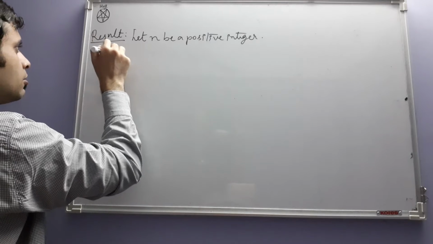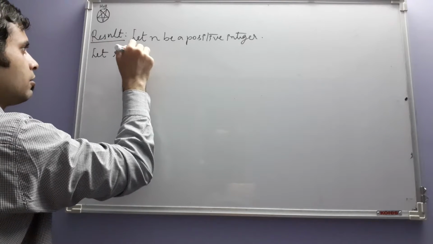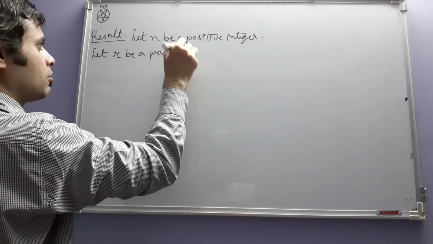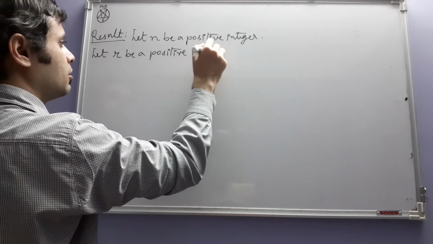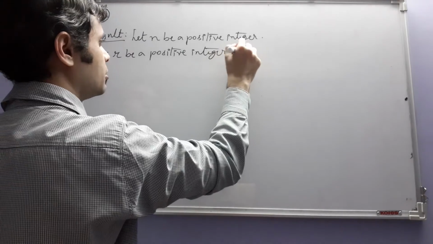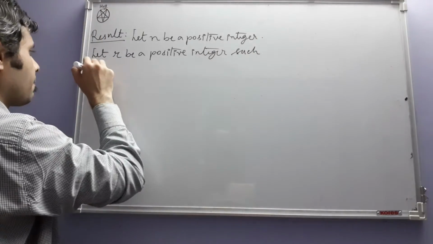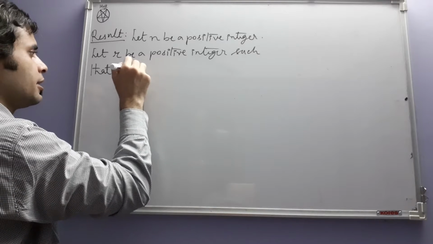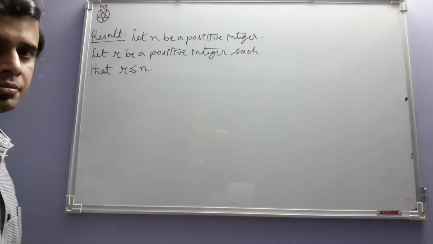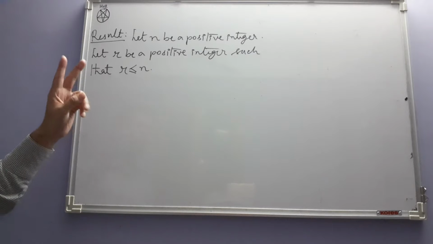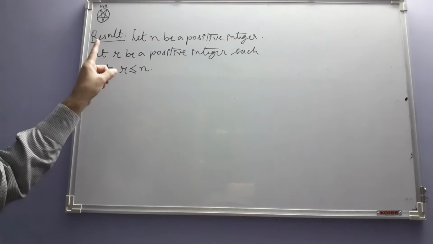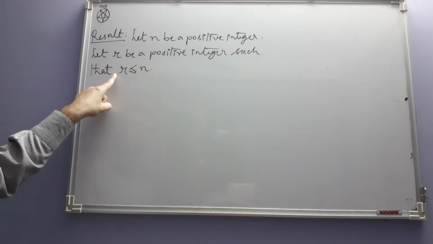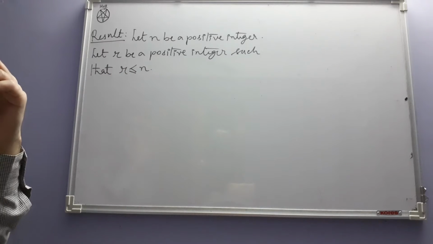Let r be a positive integer such that r is less than or equal to n. Okay, so we have 2 positive integers, n and r. r is not greater than n. r is either less than n or equal to n.